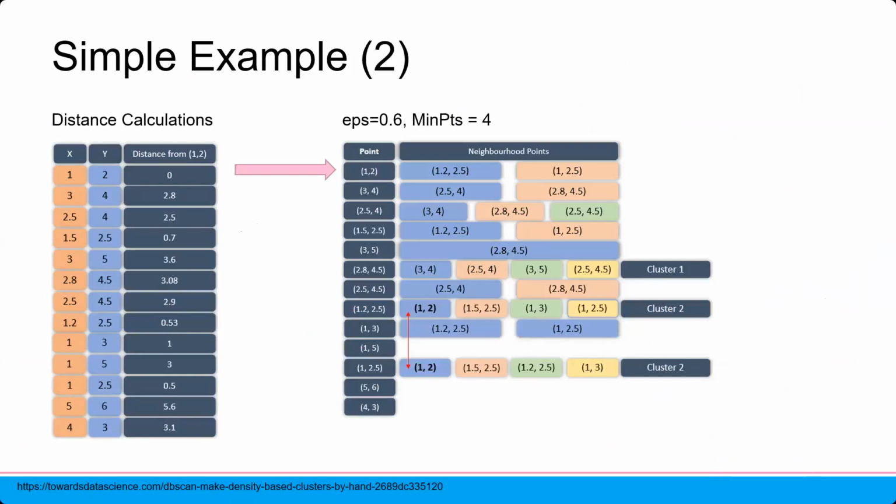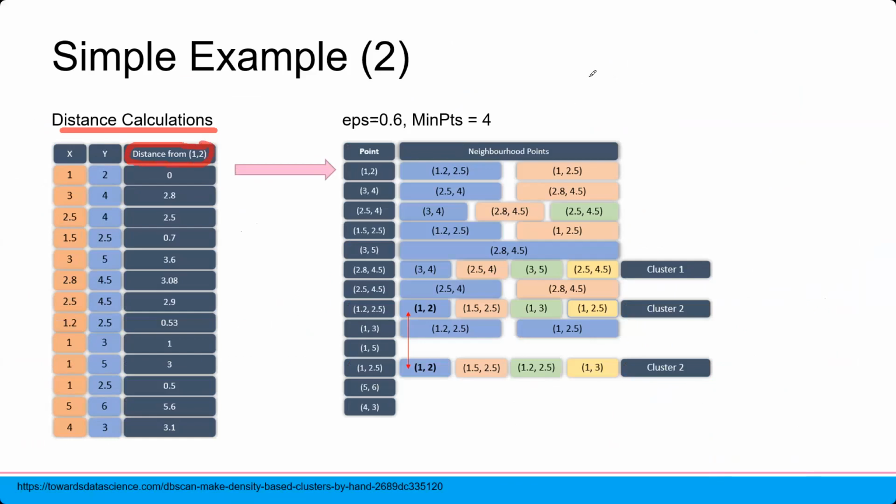First, we need to calculate the distance. You still remember how we calculate distance? For example, this is the distance from 1,2.